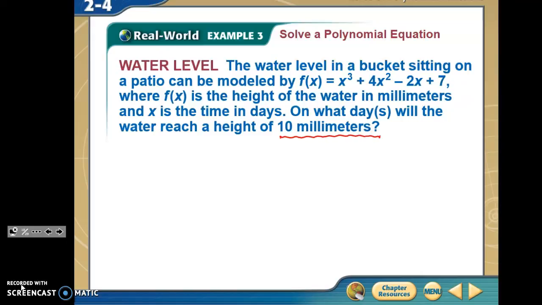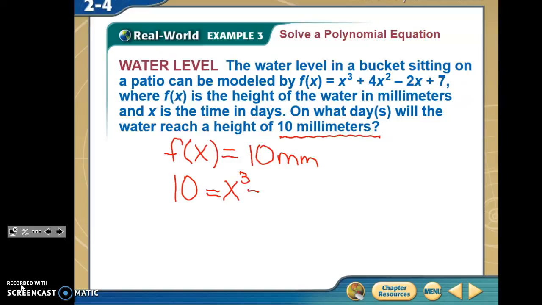Good job. This is saying that we want to know when our function equals 10, so we can replace the f of x. When does f of x equal 10 millimeters? So when does 10 equal x cubed plus 4x squared minus 2x plus 7?